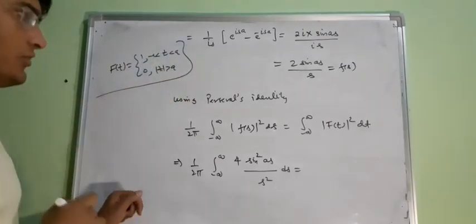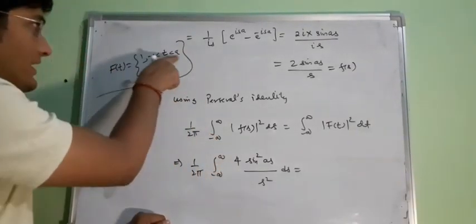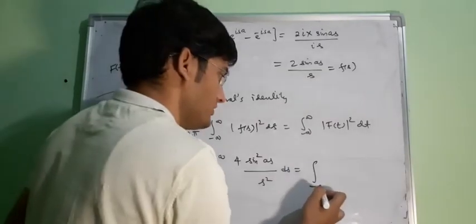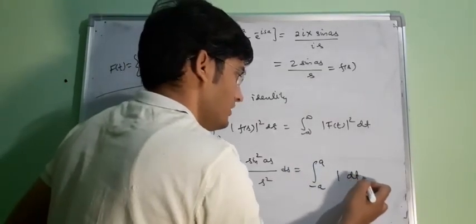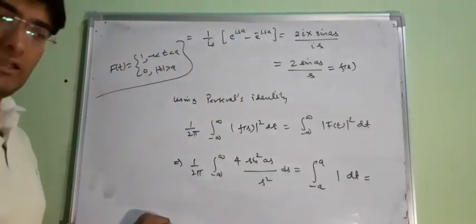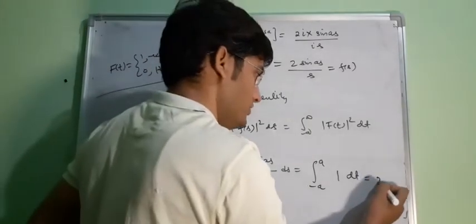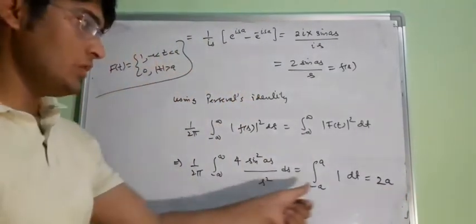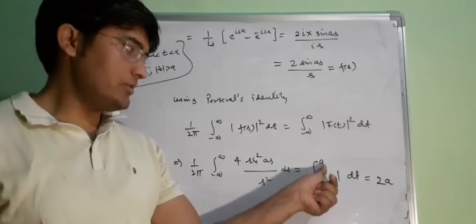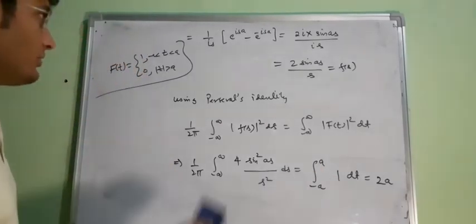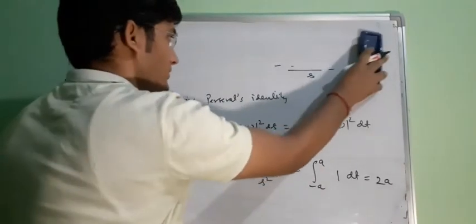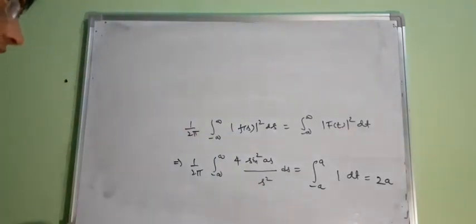So for -a to a the value of the function is 1. Now the integration of 1 will be t, and for the upper limit we get a, and for the lower limit we get -a. So this will become plus 2a.